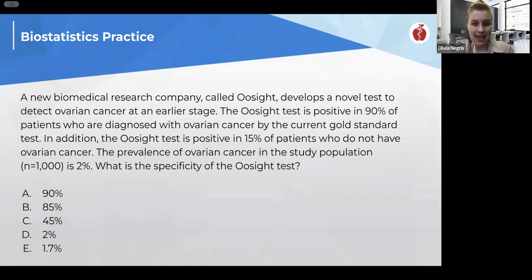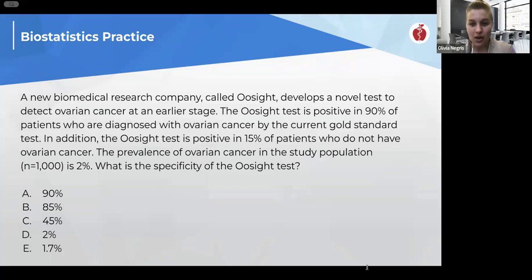Recall that when we're talking sensitivity and specificity, specificity is the proportion of patients who do not have a condition, in this case do not have ovarian cancer, who test negative. So the proportion of patients who do not have a condition who test negative is mathematically equivalent to specificity.